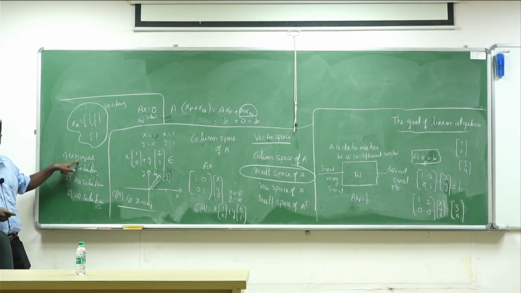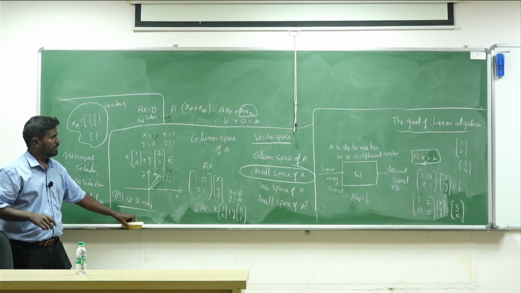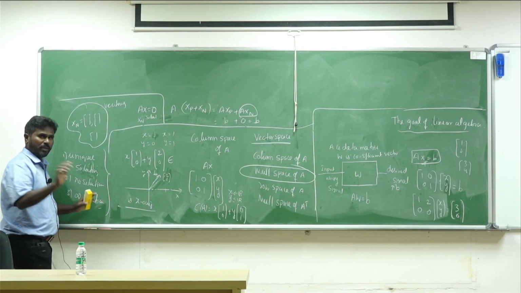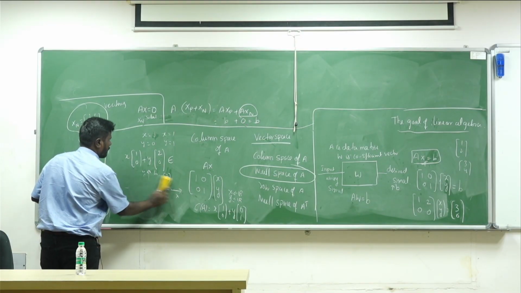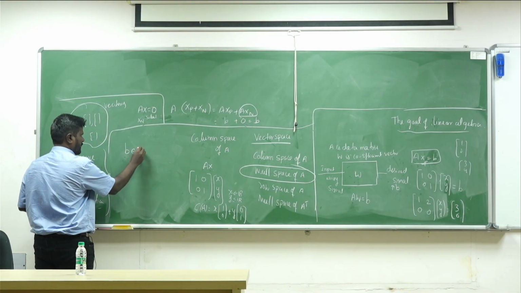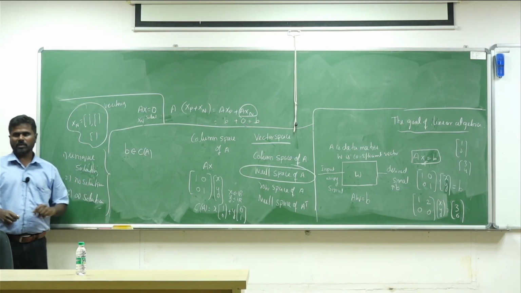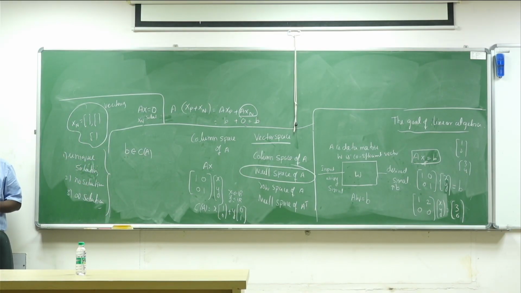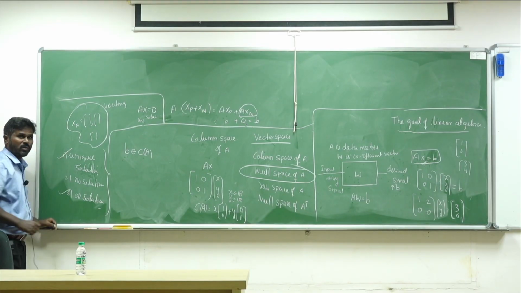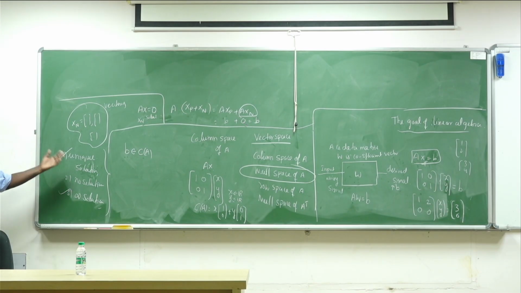When do you have the unique solution? The first condition to have a solution is that B should come from the column space of A. When you say a system has a solution, B must be coming from the column space of A. Then you can tell whether it has a unique solution or infinite solutions by looking at the null space.